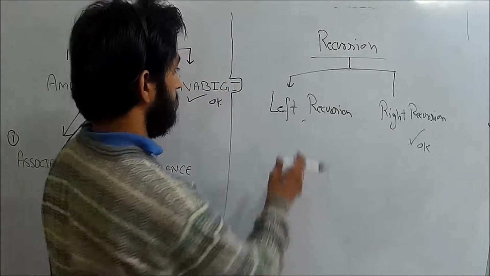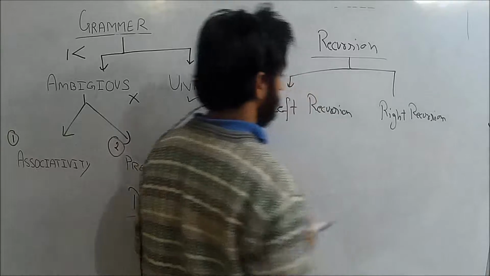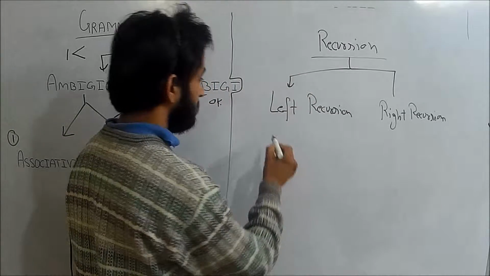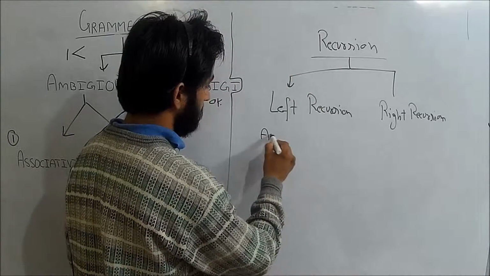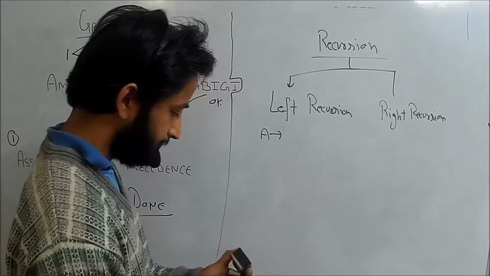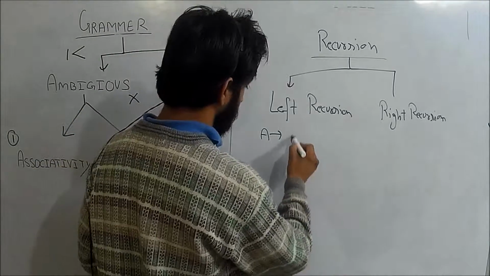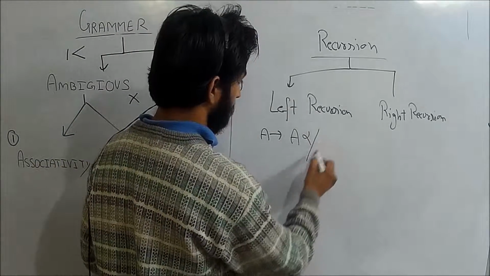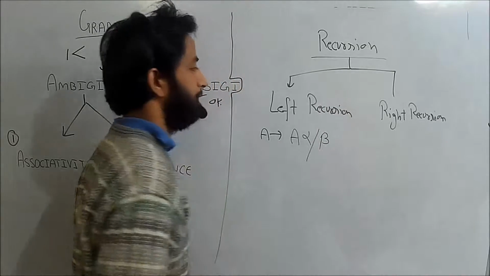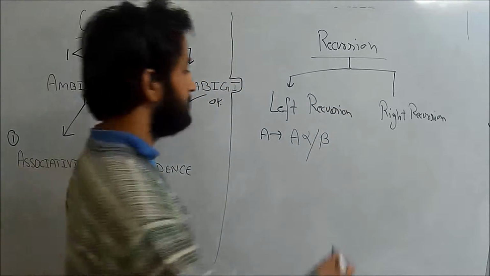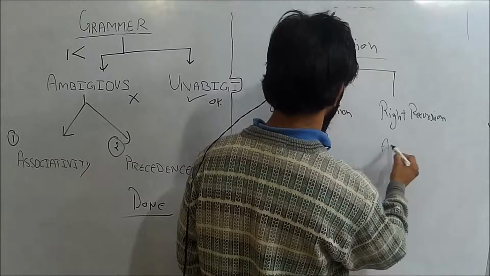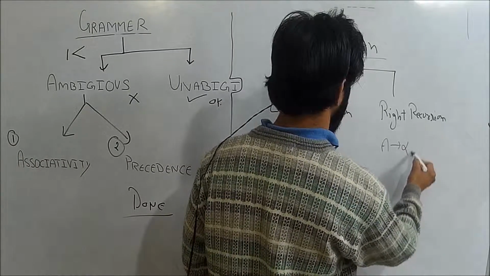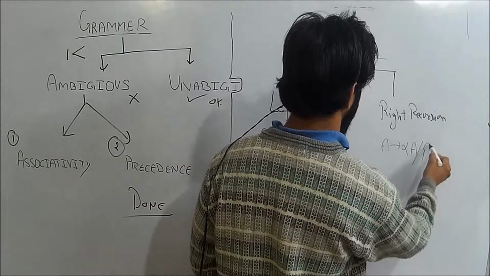For example, I have a grammar in which A derives A alpha, beta, and in the second case A derives alpha A beta.